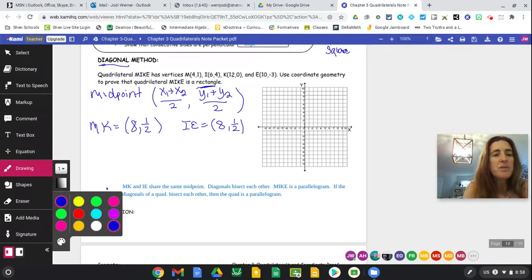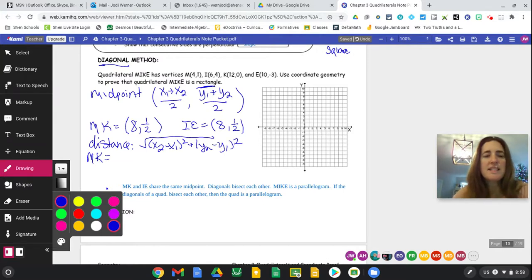And so if I'm using the diagonal method, I would do the length of the diagonals, because in a rectangle, their lengths are going to be the same. So now I would be using the distance formula. And so the distance formula is the one with the square root, x2 minus x1 squared plus y2 minus y1 squared.